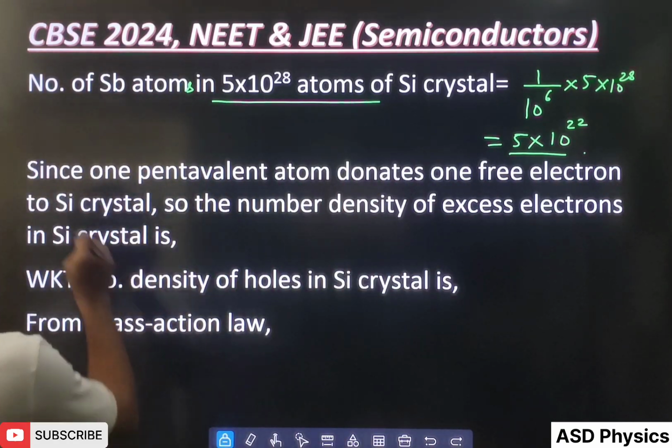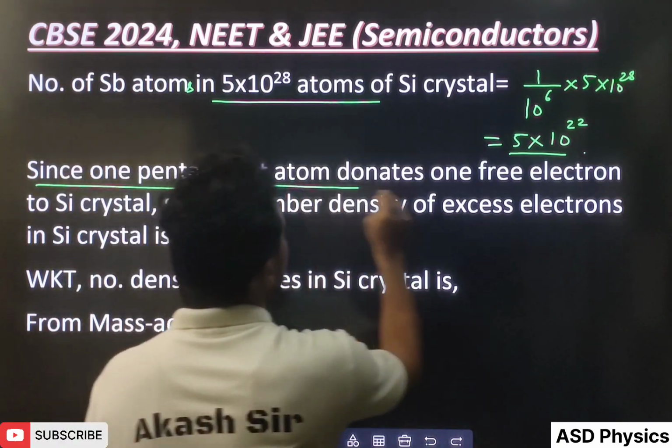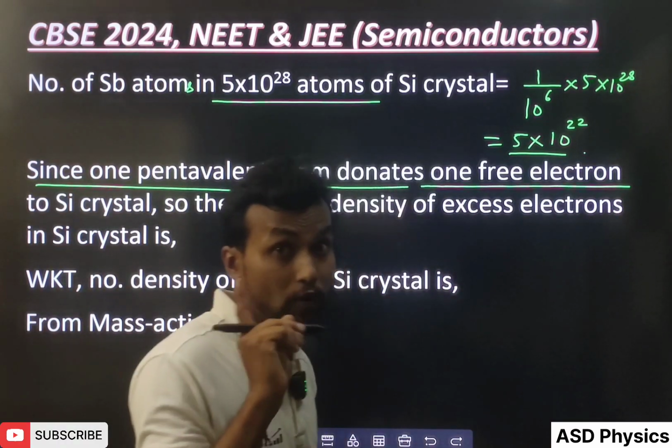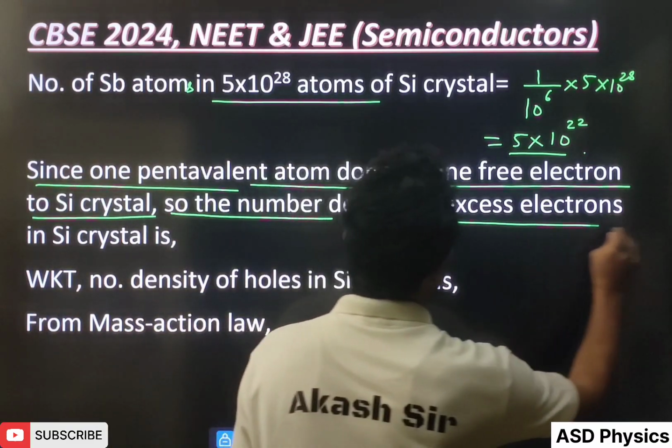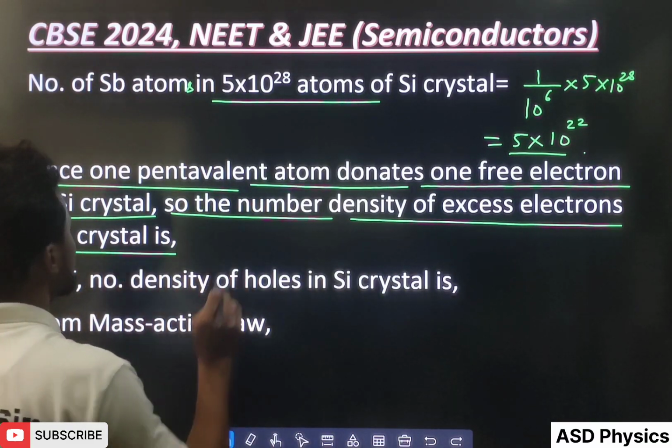Since 1 pentavalent atom donates 1 free electron to the silicon crystal, what is the number density of excess electrons in the silicon crystal?